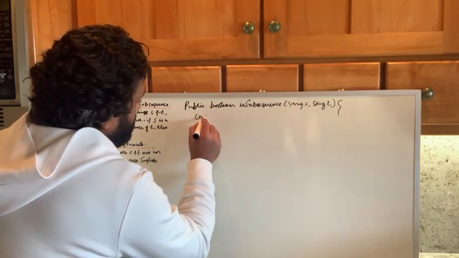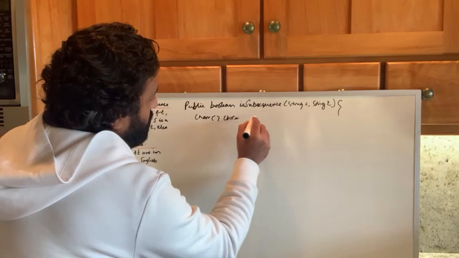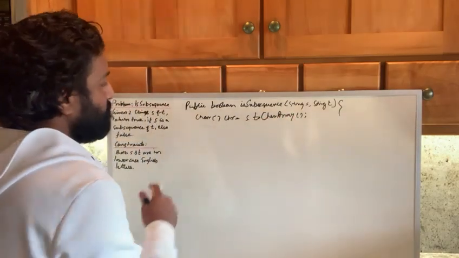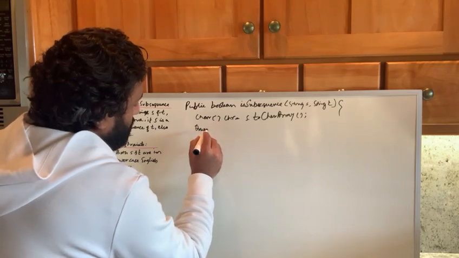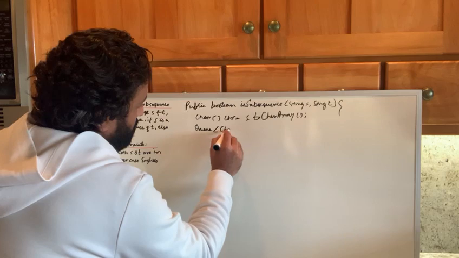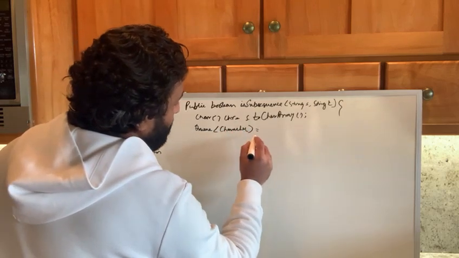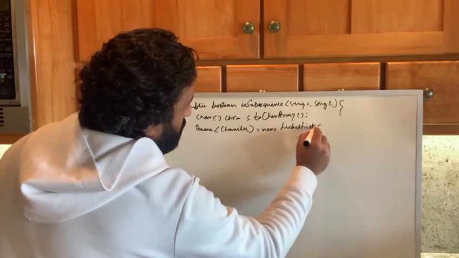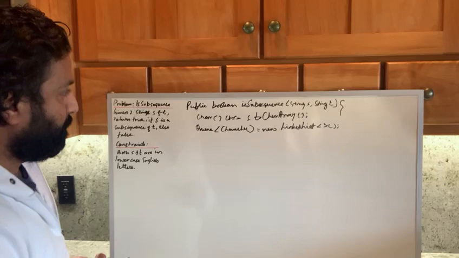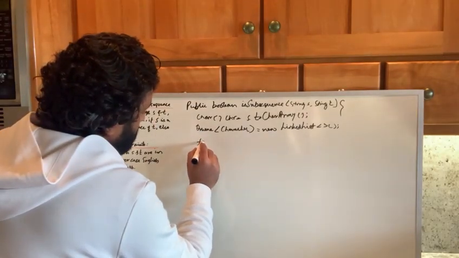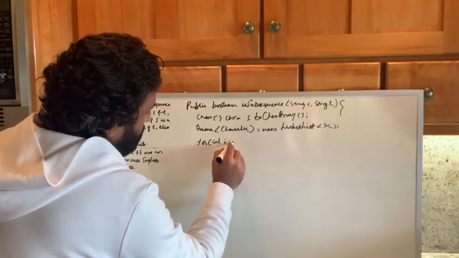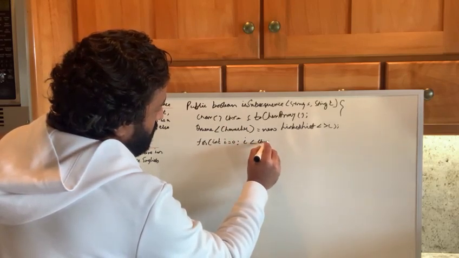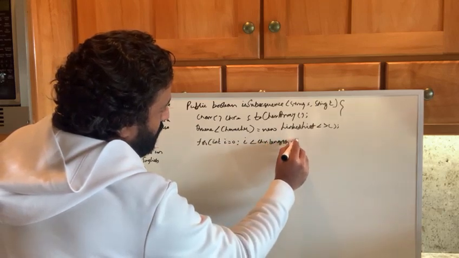So the first step is a character array chr equal to s.toCharArray(), and then we're going to declare a queue of Character equal to new LinkedList, and we're going to iterate for int i equal to 0, i less than chr.length, i++.